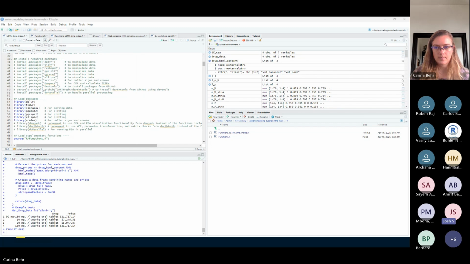You'll need to use devtools for that. Basically, it's best to install all the packages.